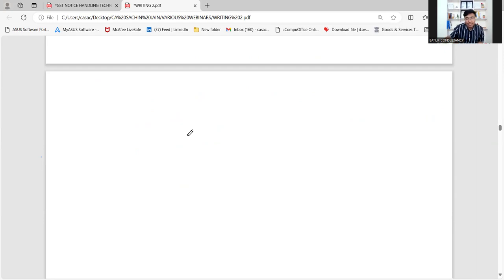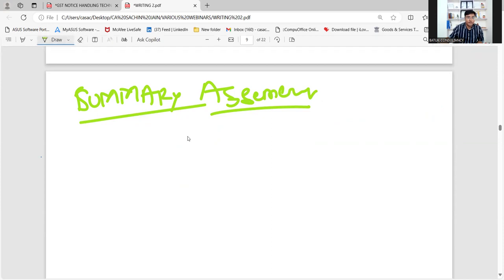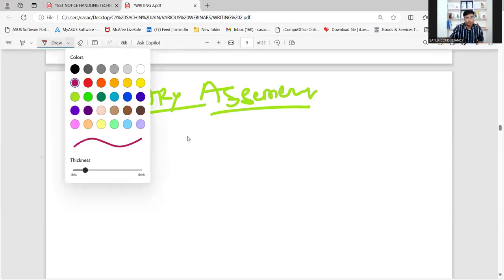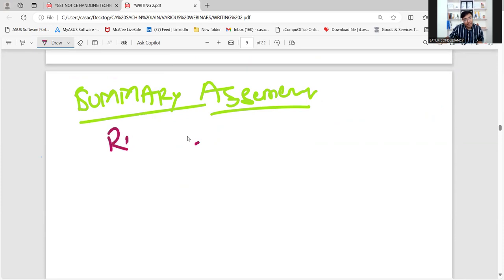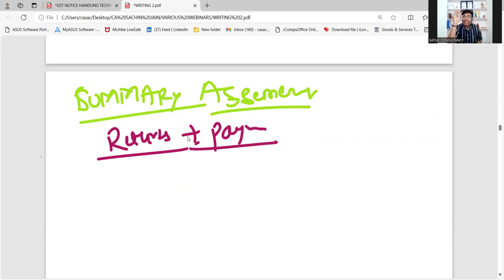In case of summary assessment, I am filing the returns plus I am paying the tax. Both things are okay. In that case, the departmental authority will still assess my case. Now why is the departmental authority assessing this case when I am filing the regular returns and paying the tax to the government?